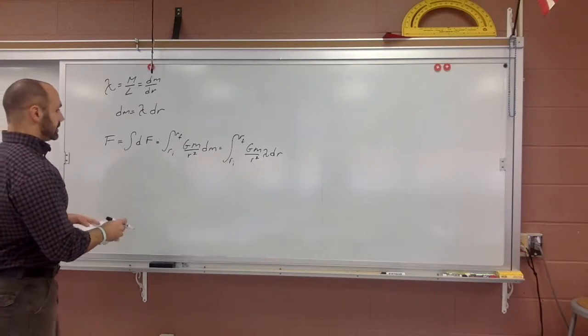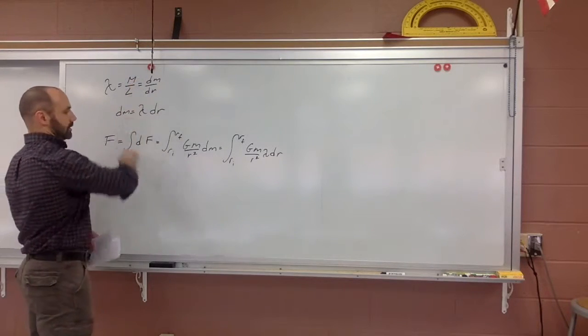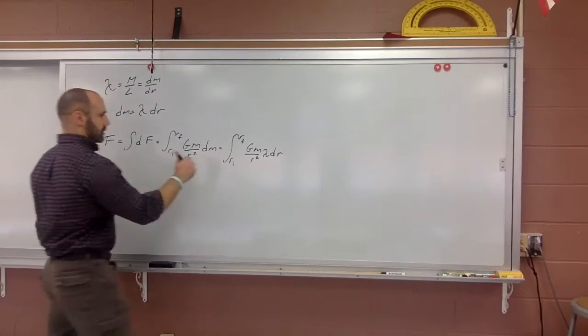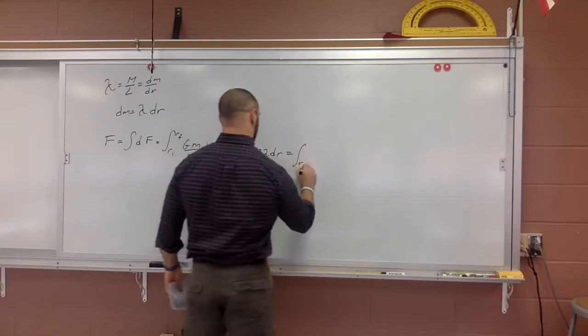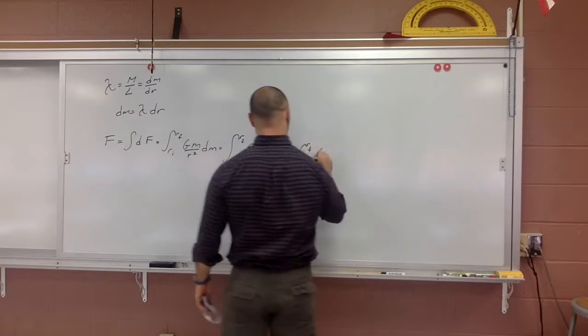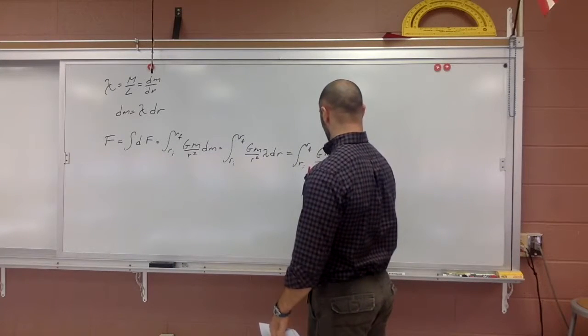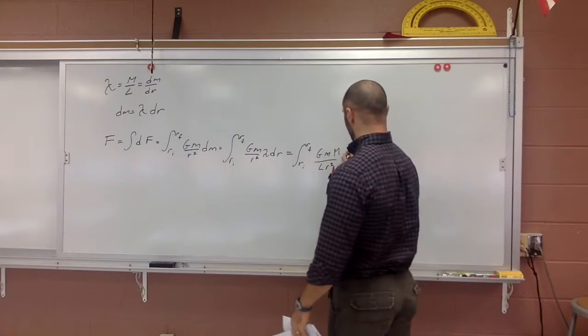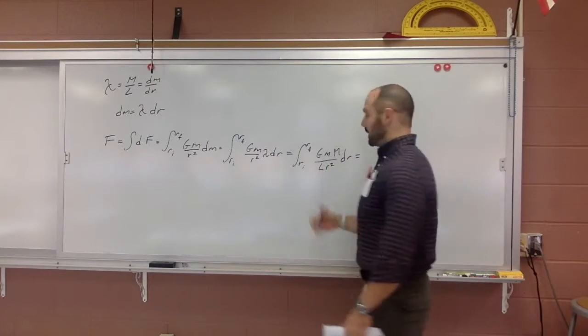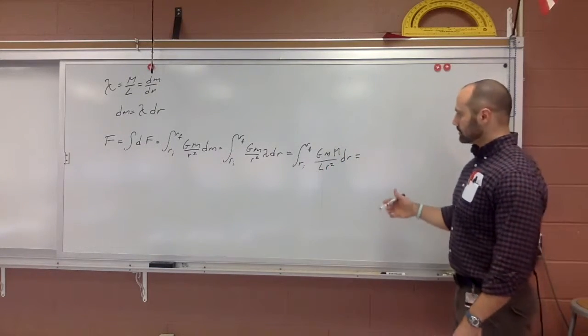Oh, and lambda is m over L. Right? So we go the next step, Ri, Rf, G m m over L r squared dr. Now we take the antiderivative.